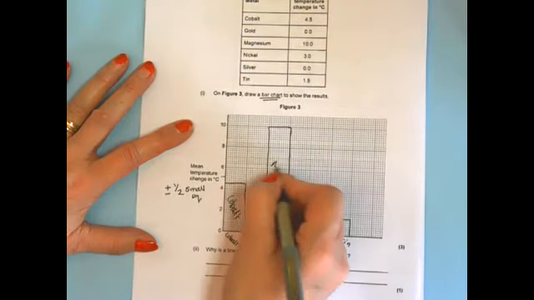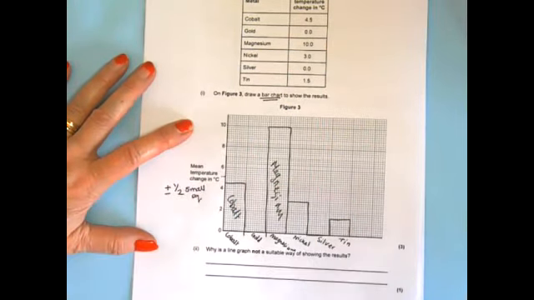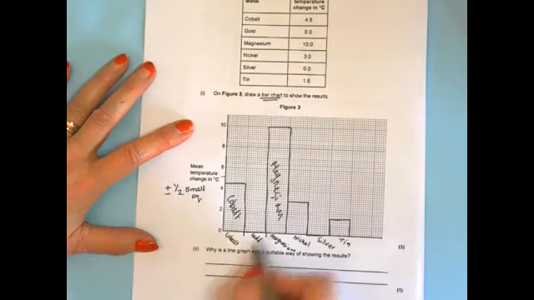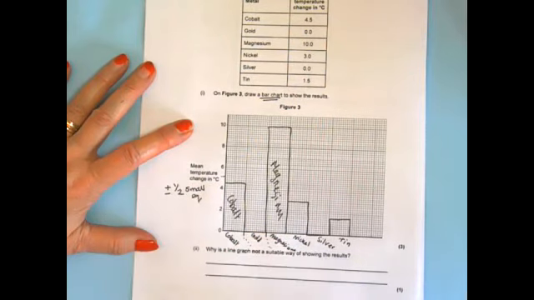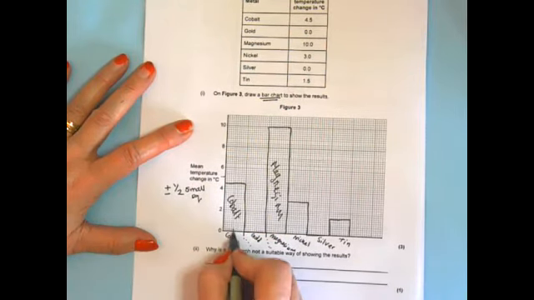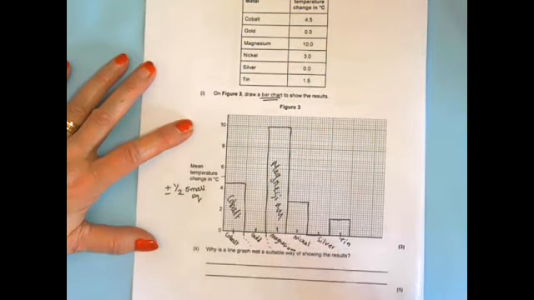Okay, and magnesium you put on here, that was okay. So I gave you those, but if you put the label on the wrong part, so if you put it here or here, you didn't get the mark. It had to be in the middle of the bar, so that I knew where it was.